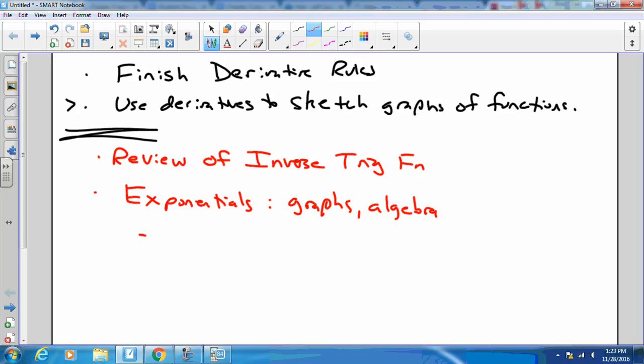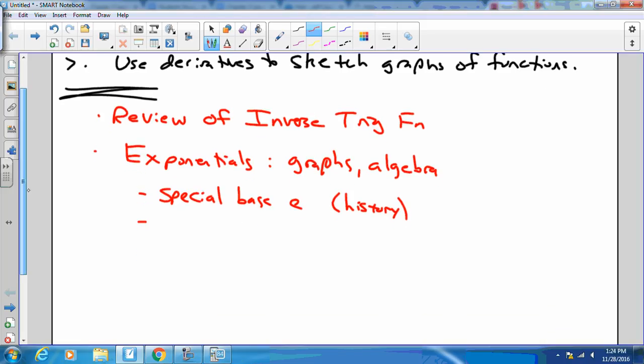And if we have time, I will talk about the special base e, which has a really interesting history related, of all things, to banking and finance. So we may get a chance to do a history lesson on e here.